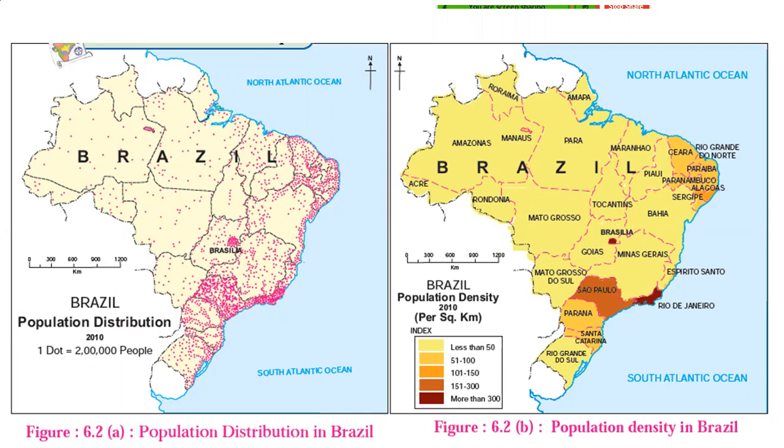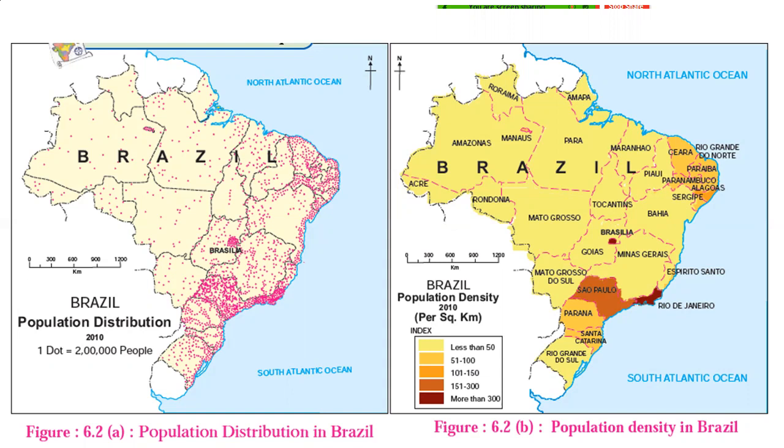As there is availability of water through rivers, good climate and flat land along the eastern coastal areas, agriculture and industries have flourished. So the population is concentrated in these areas. In the highlands of Brazil, the population is moderate.